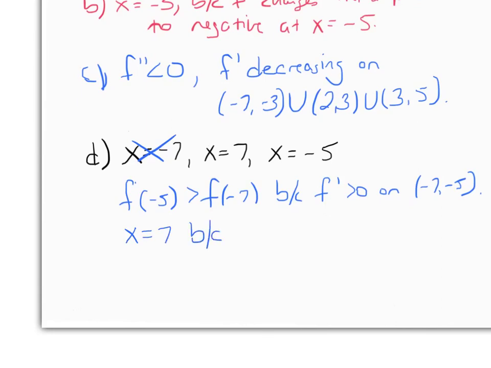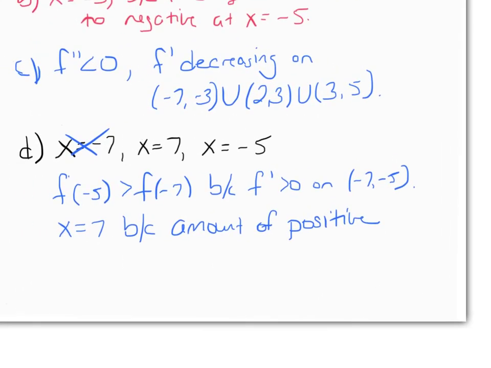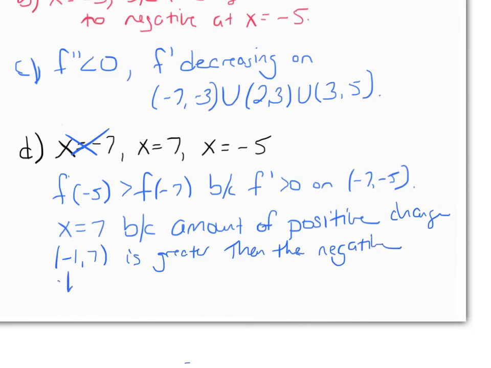Because, and I'm going to say the amount of positive change on negative 1 to 7 is greater than the negative change on negative 5 to negative 1. And any variation of that is really just fine.